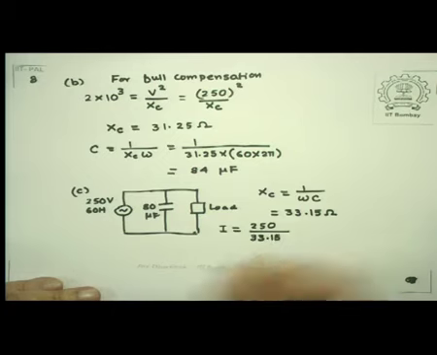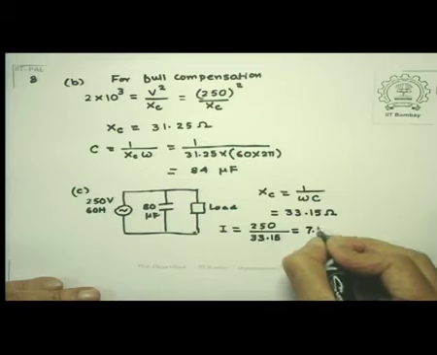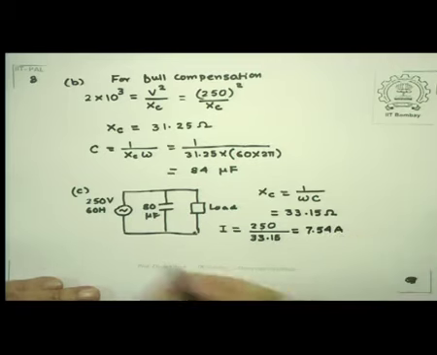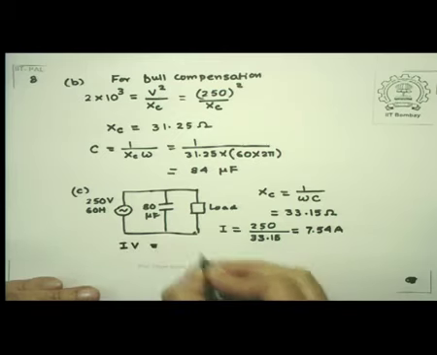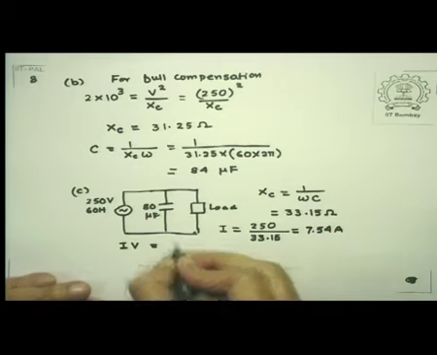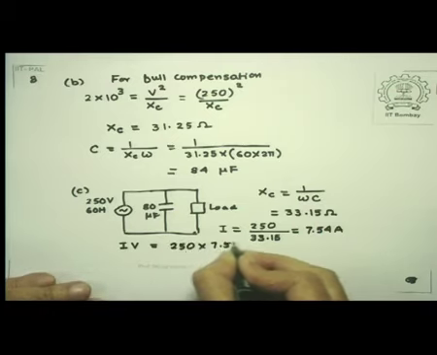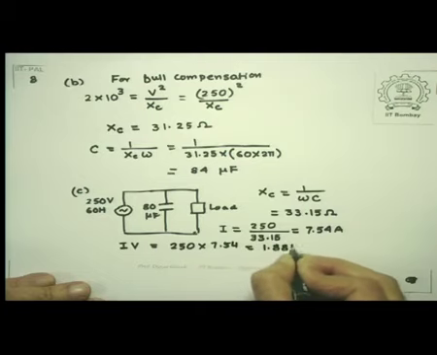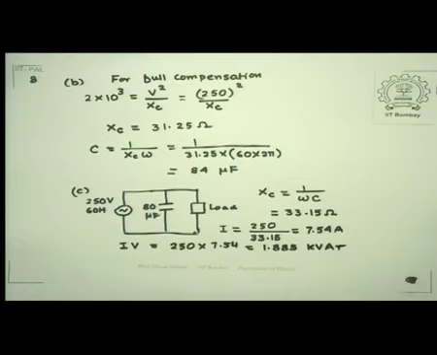This is the capacitive current that is being drawn, which is 7.54 ampere. If you multiply this with V, I times V, so this is 250 multiplied by 7.54, and if you work it out, it works out to 1.885 kilovolt ampere reactive.